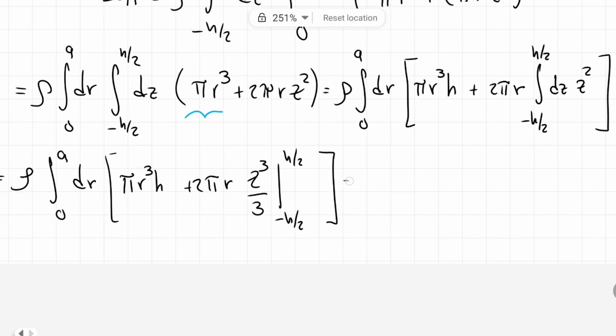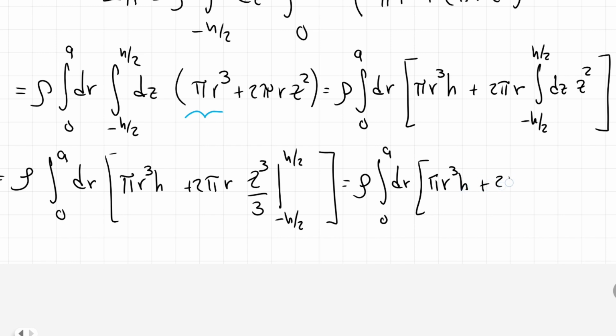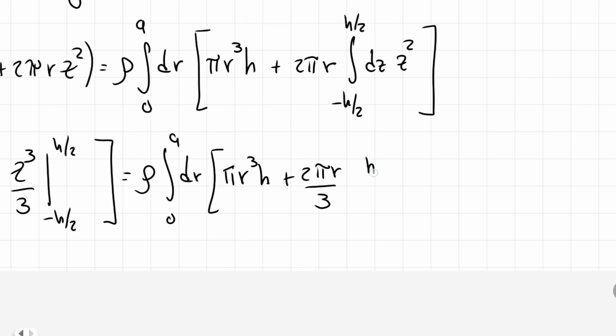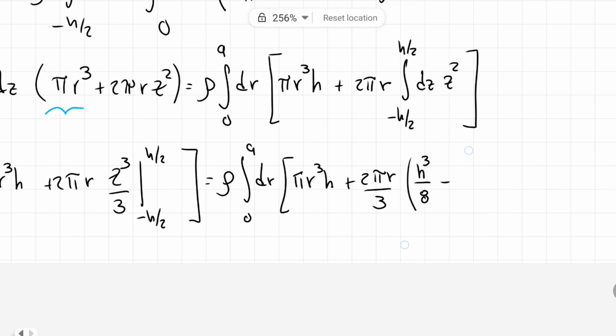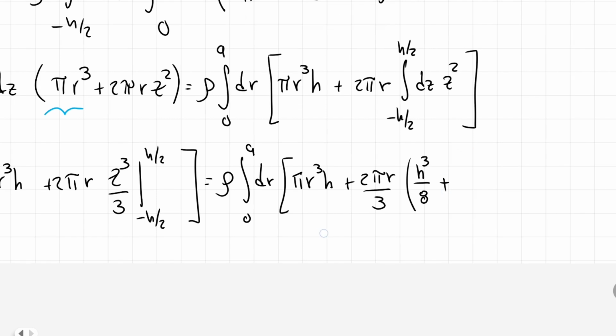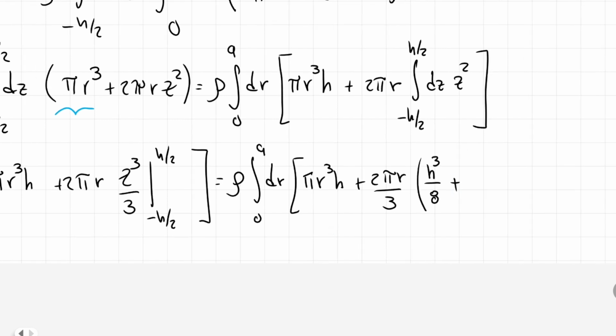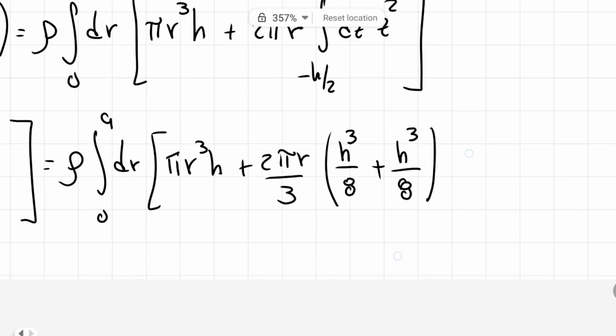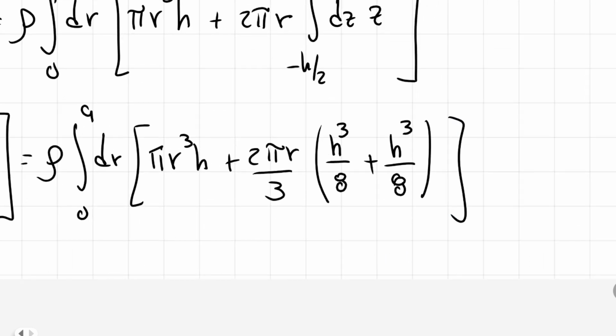Okay, so we can see this as the density, the integral from 0 to a dr, pi r cubed h plus 2 pi r divided by 3, and then h cubed over 8 minus, actually it will be plus due to the minus of the fundamental theorem of calculus. We are going to get here plus h cubed over 8 again, like this.